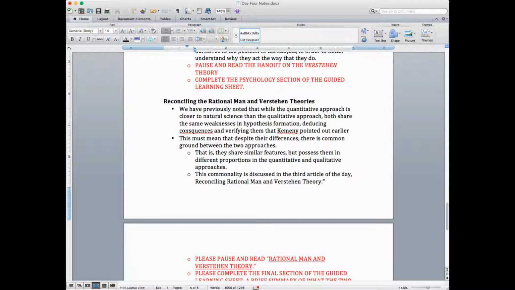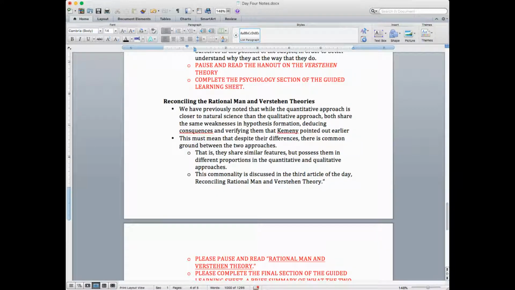So we've previously noted that while the quantitative approach is closer to natural science than the qualitative approach, both share the same weaknesses in formation, deducing consequences, and verification that Kameni pointed out earlier.